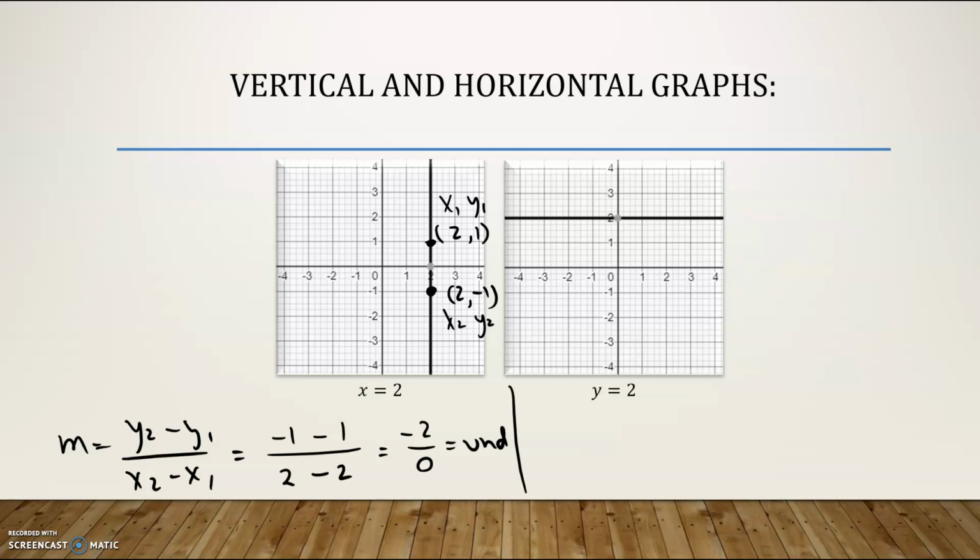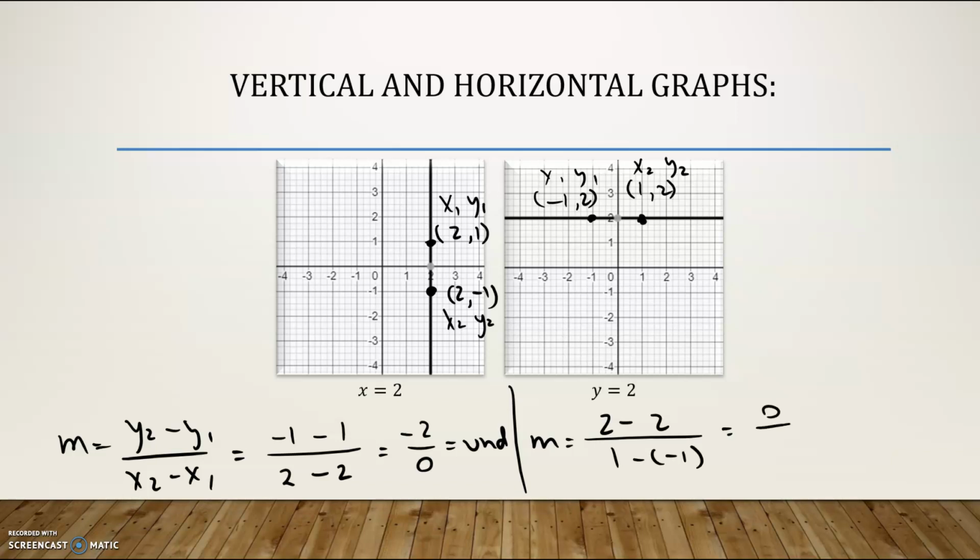Now if we look at this point, which is (-1, 2), and this point, which is (1, 2), we'll say this is x sub 1, y sub 1, x sub 2, y sub 2. So we have 2 minus 2 over 1 minus -1.